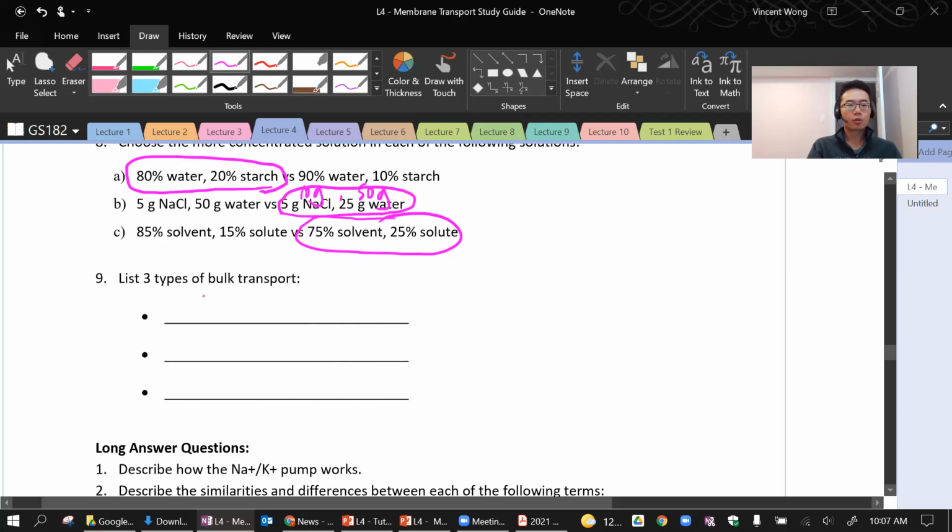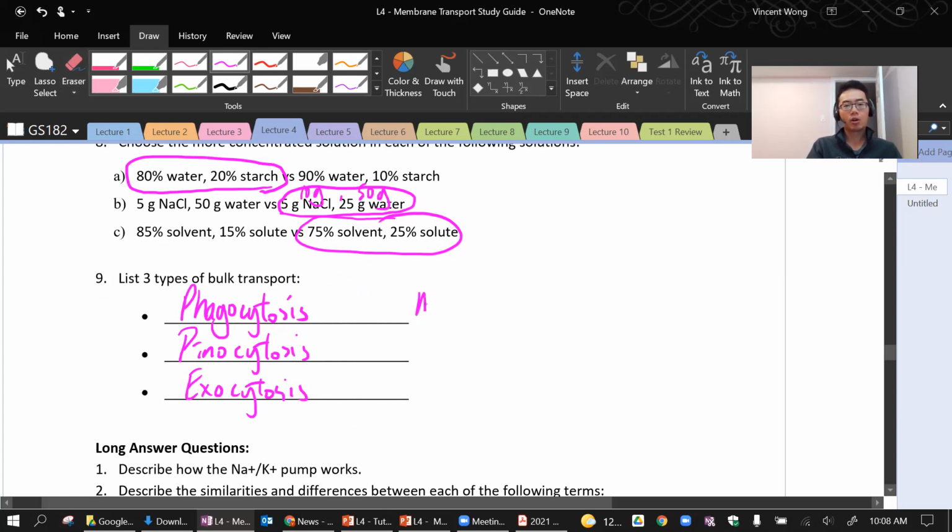Next, 3 types of bulk transport. We have phagocytosis, which is actually a type of endocytosis. We have pinocytosis. We also have exocytosis.